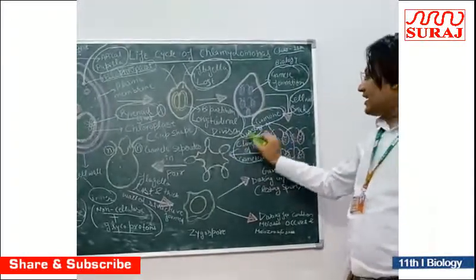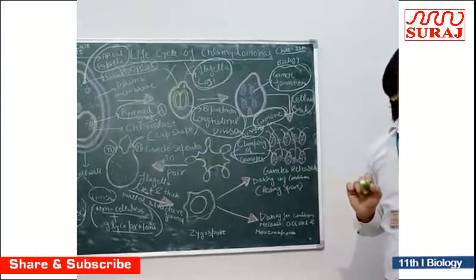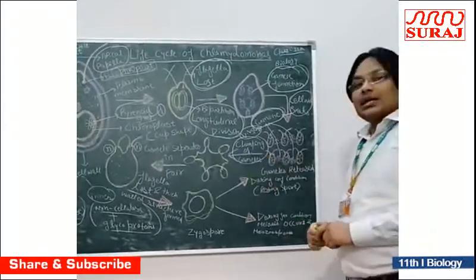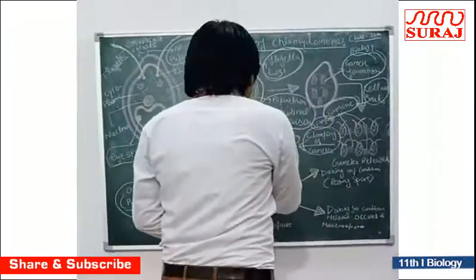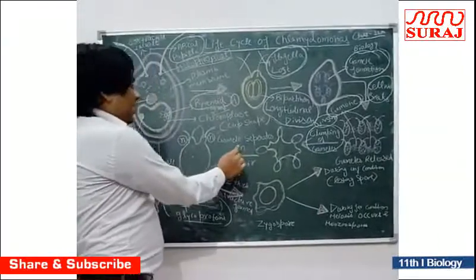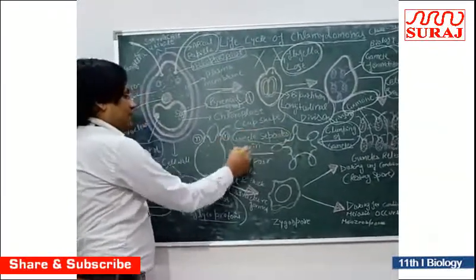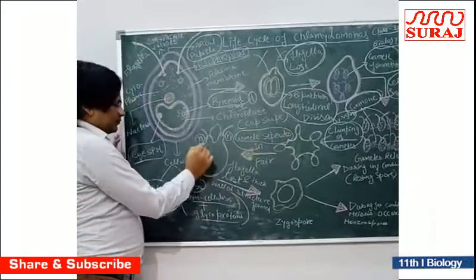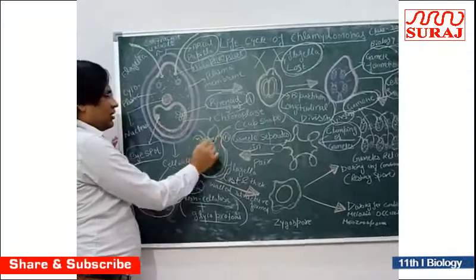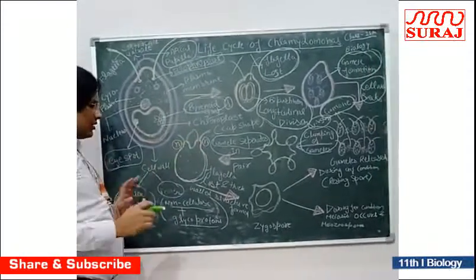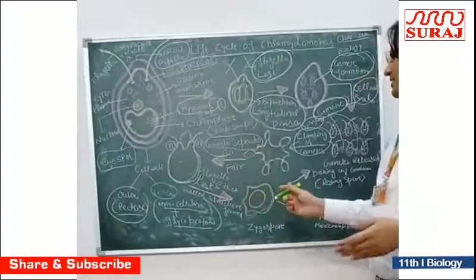So what will gamone do? It will start the clumping of gametes. The gametes start clumping together. After clumping of gametes, two gametes separate in pairs and fertilization takes place.